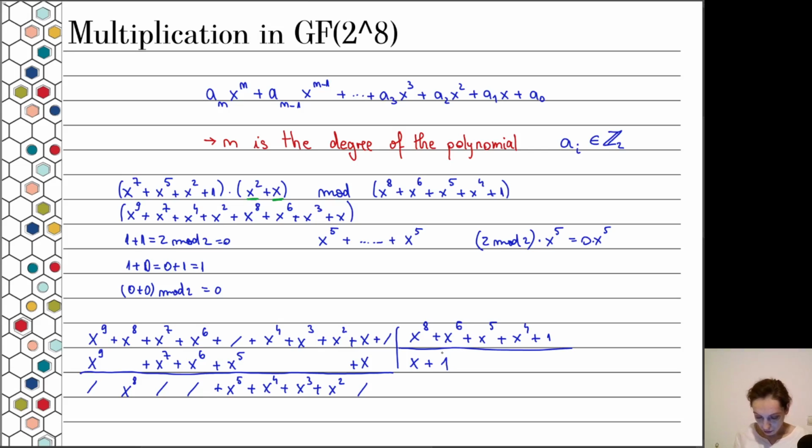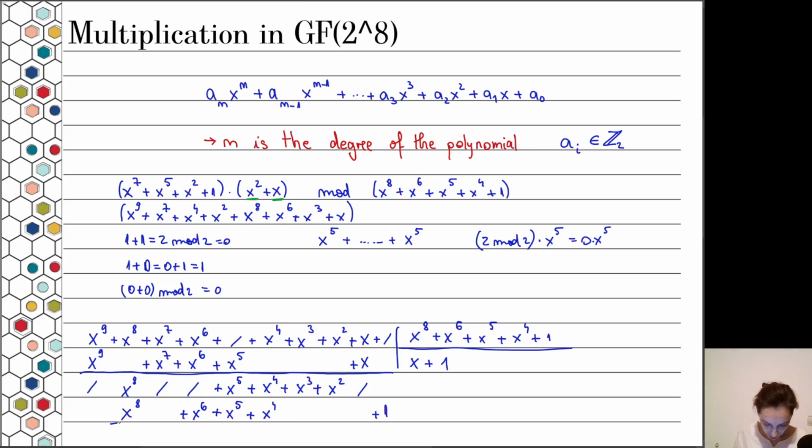So we will multiply 1 by this polynomial. So we will have x powered by 8 plus x powered by 6 plus x powered by 5 plus x powered by 4 plus 1.